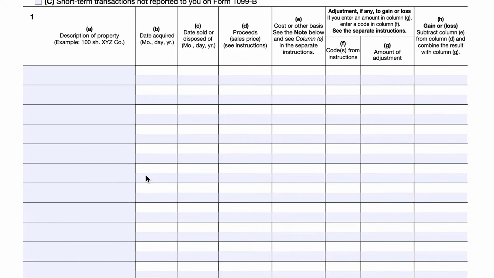So for line 1, you will enter in column A a description of the property that you sold. If you held shares in, we'll call it XYZ Corporation, you can do that, or if there's a stock ticker symbol, XYZC, you can use that, as long as they properly describe the property and the description here matches or is similar to the description in your 1099-B.